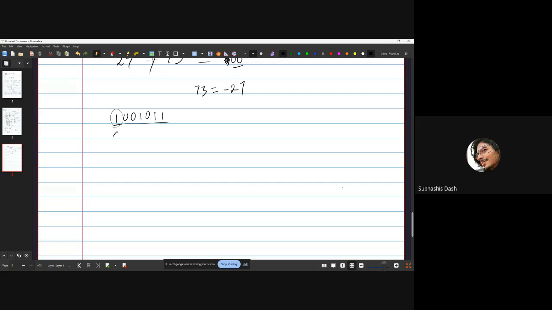And if it is 0, then the same thing would be positive. Okay. So these both are the same number, just that this is negative, this is positive.